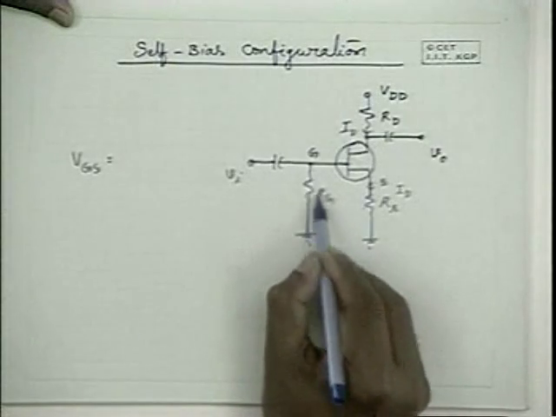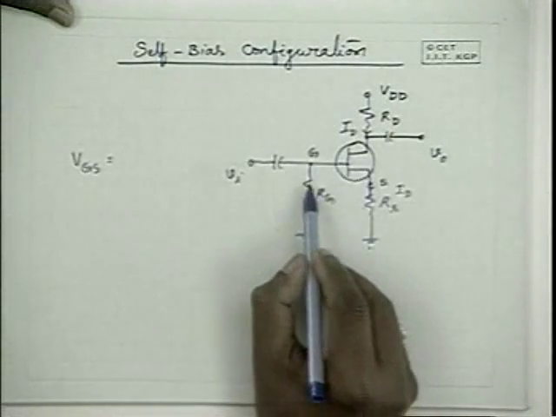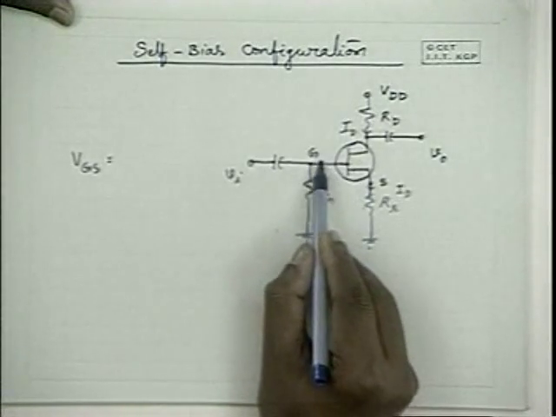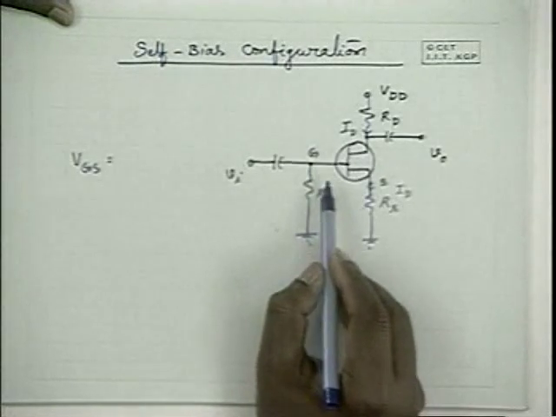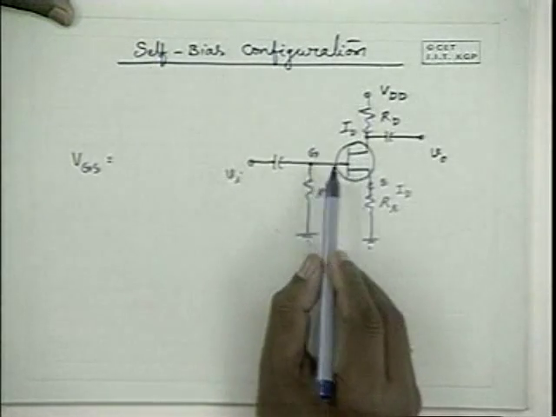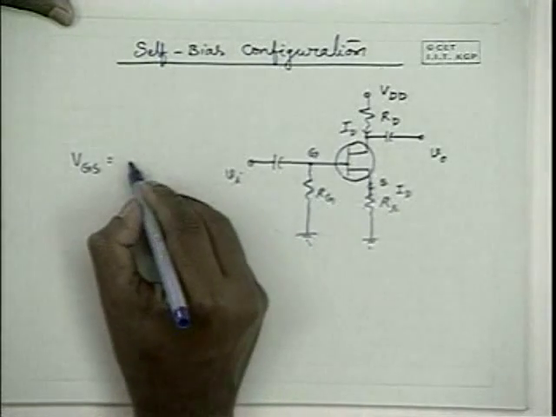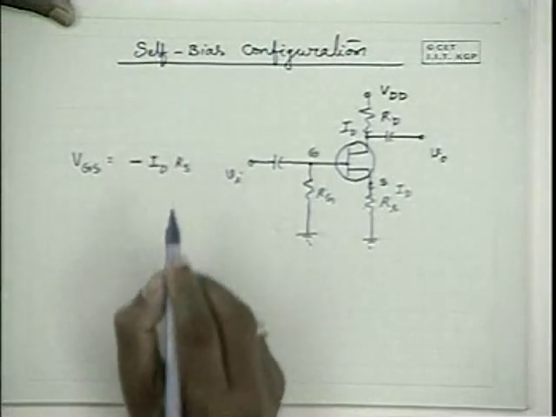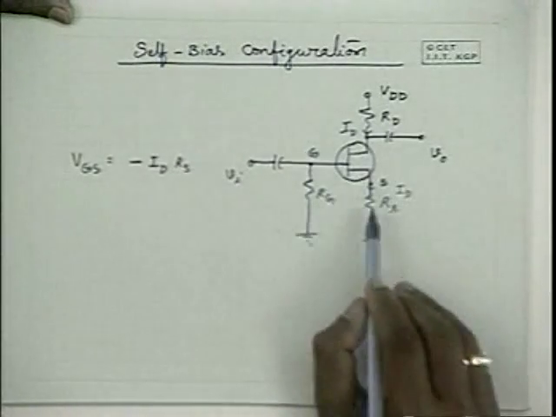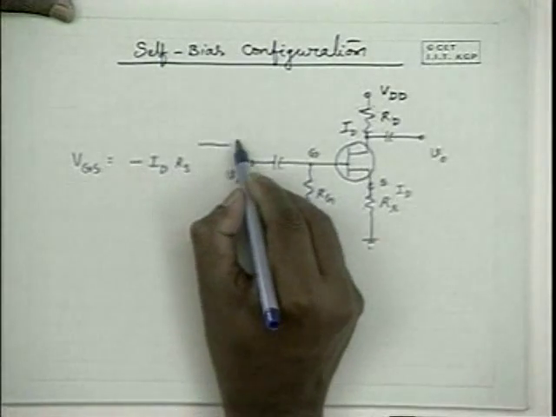And this voltage drop is 0 because, for all practical purposes, under reverse bias, the current that flows into the gate is 0. Hence, VGS is equal to minus ID into RS. This is the input side equation, our equation 1.